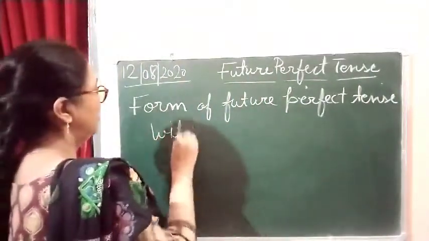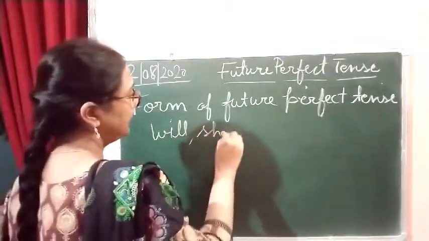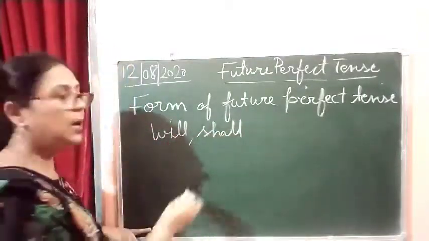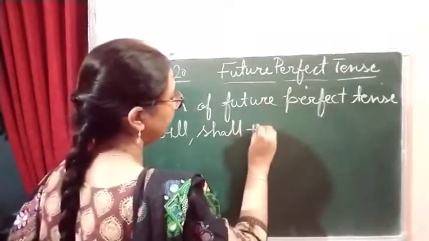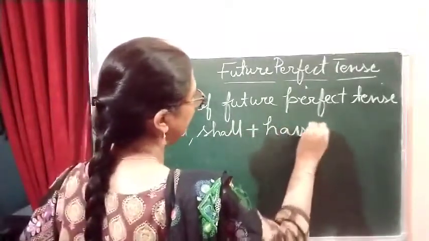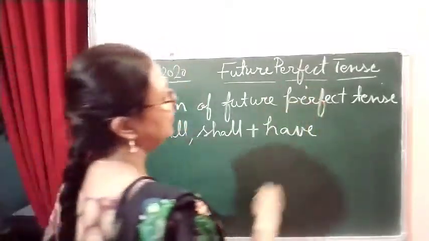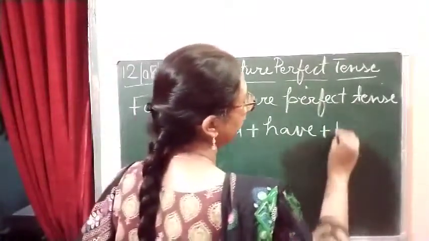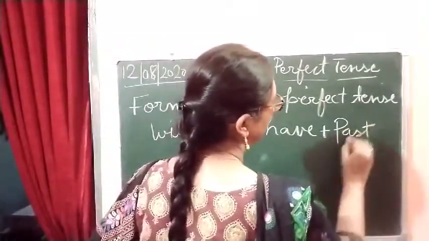Will and shall will always be there because this is future tense, and then because this is perfect, we will write have, plus past participle.